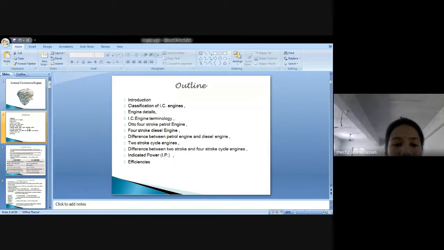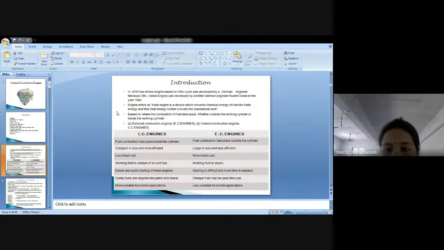So I've already told you the introduction, definition. So here we have: a heat engine is a device which converts chemical energy of fuel into heat energy, and this heat energy is further converted into mechanical work. So as you all know, chemical energy is being converted into heat energy, and it produces heat. Okay, how it is producing and all that we'll see completely when we prepare the engine section, I'll tell you everything.